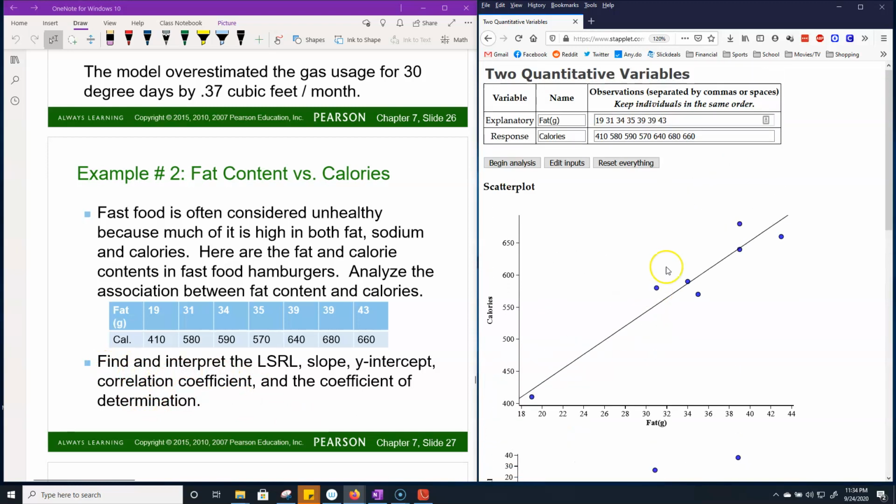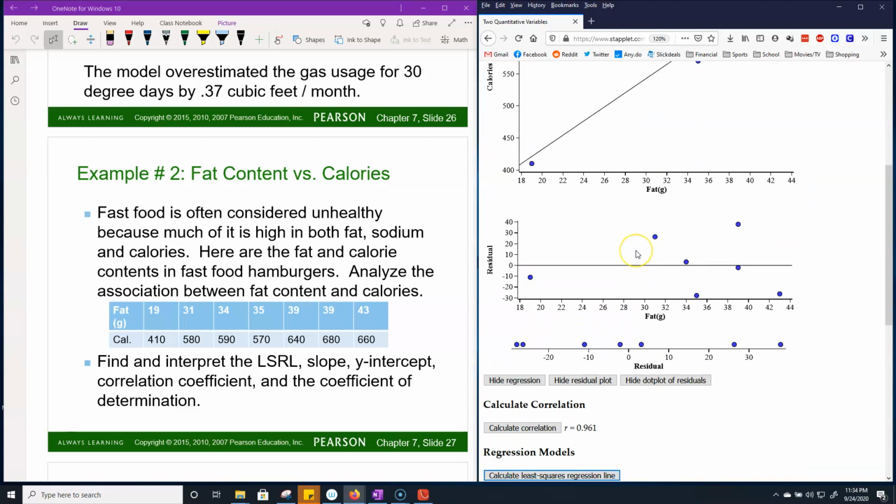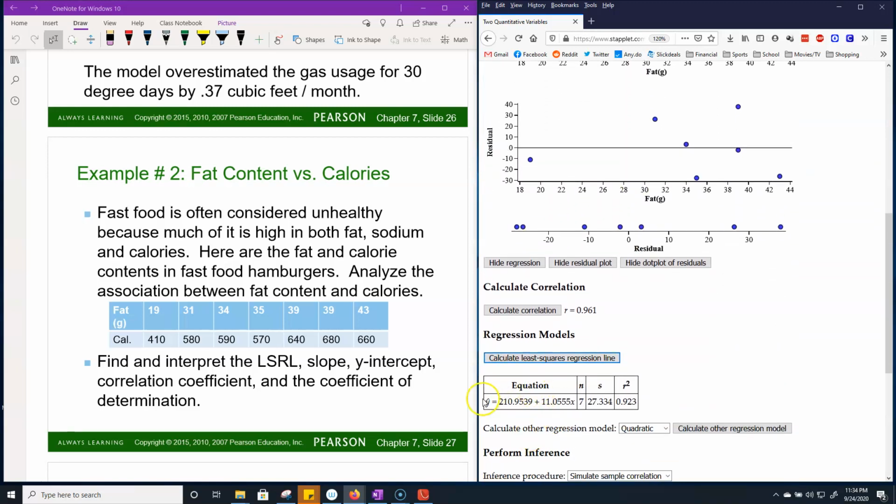And then I'm going to calculate the line. So we calculated the line right there, and this is my equation right here. So think of it as y predicted is equal to 210.95939 plus 11.0555x.